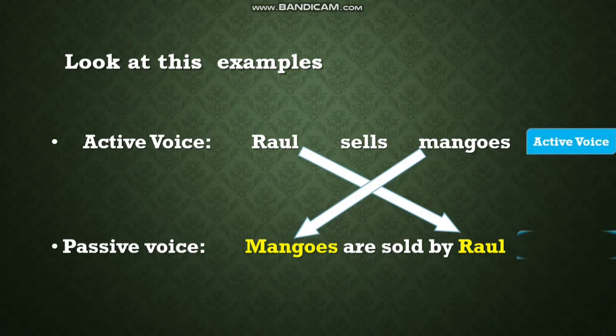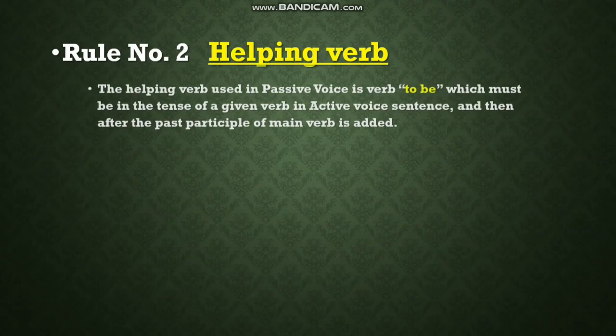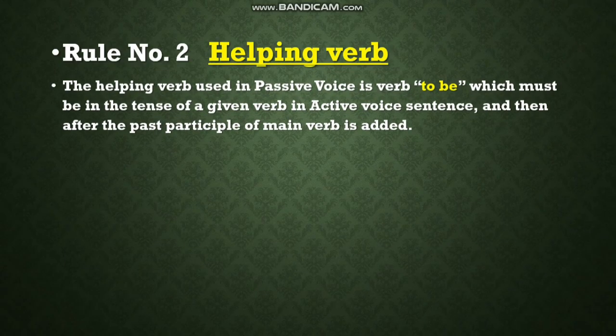Let us continue with the rule number 2. Rule number 2 is called helping verb. To help, that is to support or to assist. Normally, the helping verb used in passive voice is verb to be, which must be in the tense of a given verb in the active voice sentence, and then after, the past participle of the main verb is added.